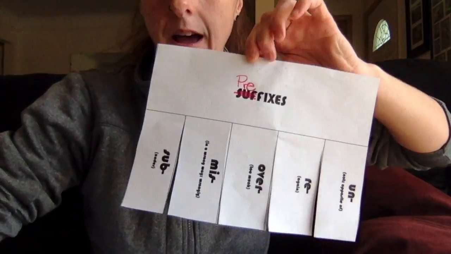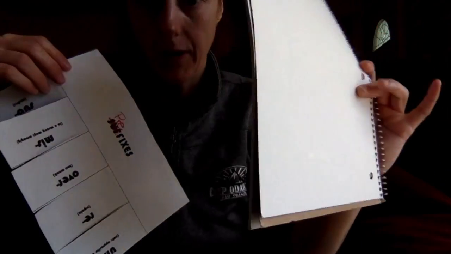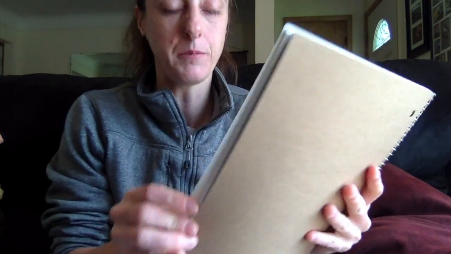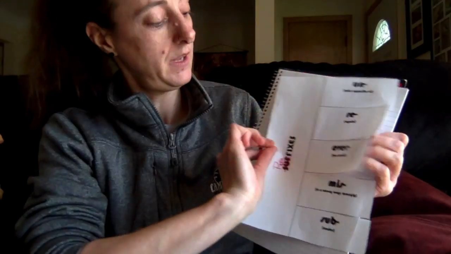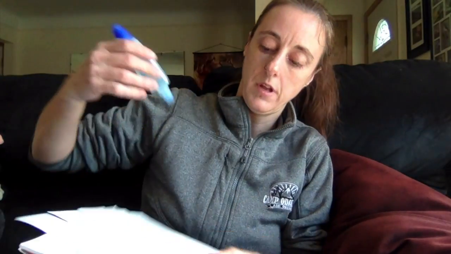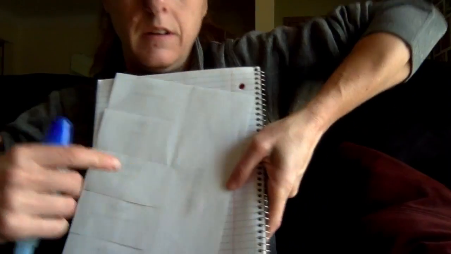Now I can take this entire page. I'm going to take my spiral notebook or whatever journal book you have at home. Here's my journal notebook. I'm going to open it up to my first page that is empty, and then I'm going to take this part and glue it onto my journal. You might have to use tape, you might have to use glue, however you decide to do it works. I have some glue. I'm only going to put glue on this side.